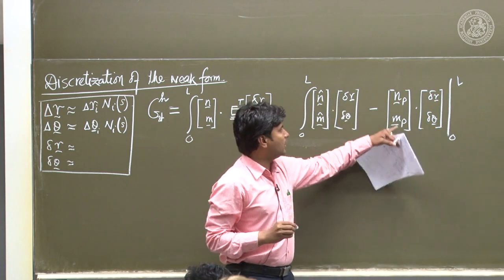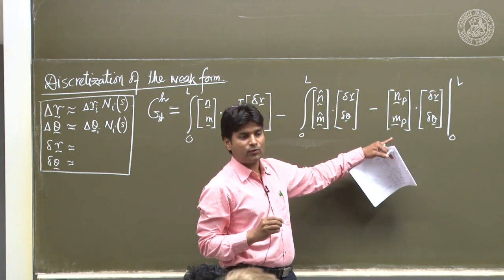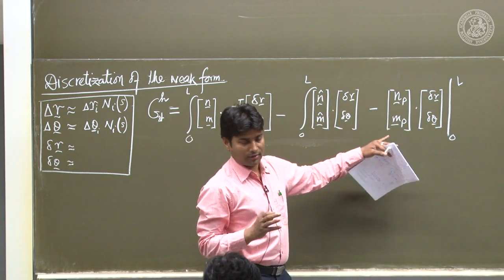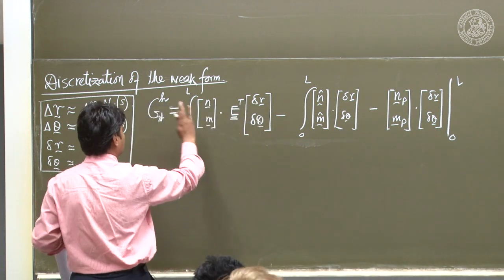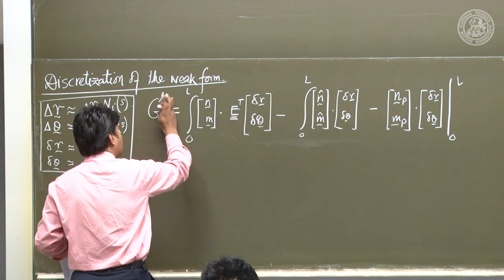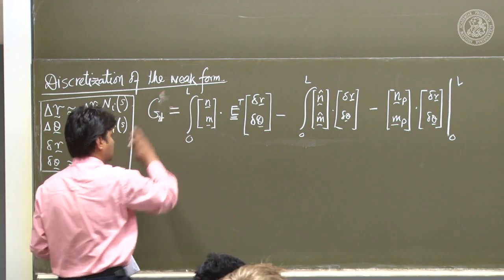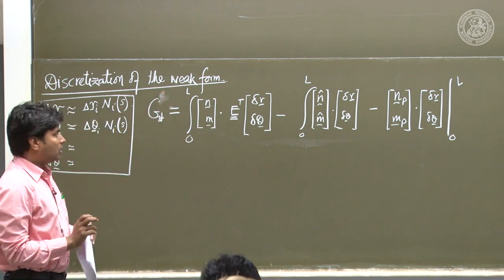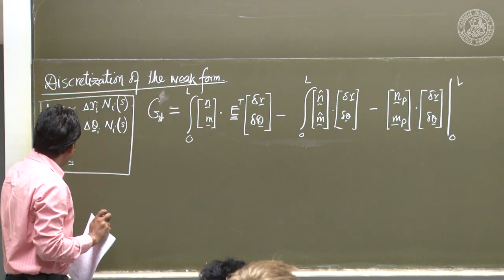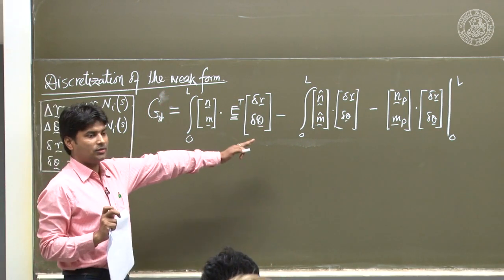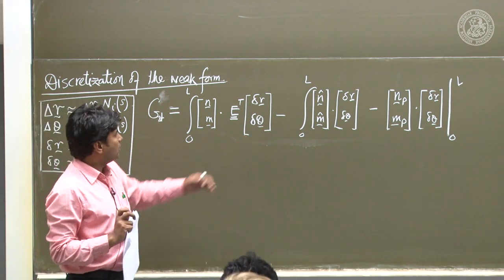These N_P and M_P are the prescribed forces and moments at the ends. So, this is the weak form without being discretized, so I should not put this h here. Now, we have to plug in these approximations over here, isn't it?